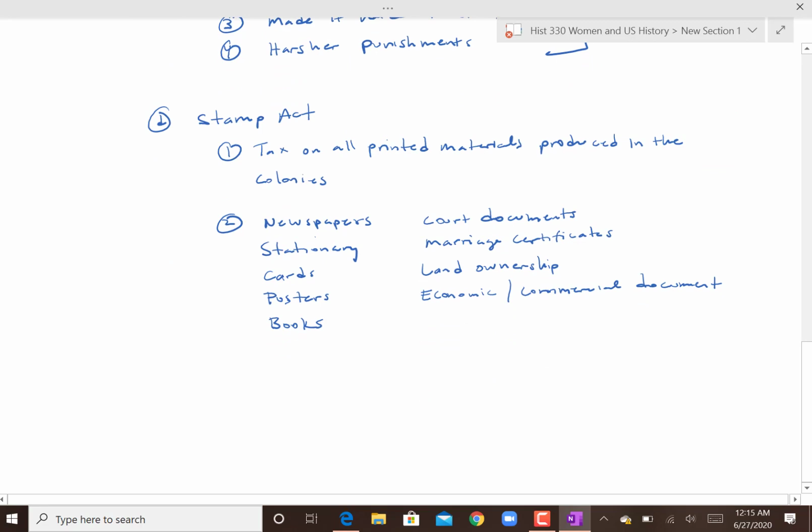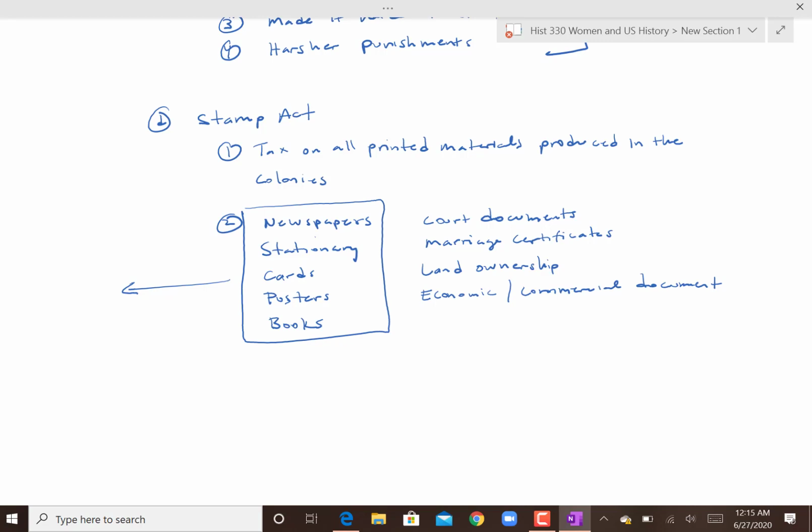Now, there's two kind of lines here, right? This one here, the stamp. It was an embossed stamp on it, and they actually had a statement that said it's illegal to purchase any printed materials that doesn't have the Stamp Act, and the embossed stamp proved that that printed material had paid the tax, and it said what the fine was and stuff on it.